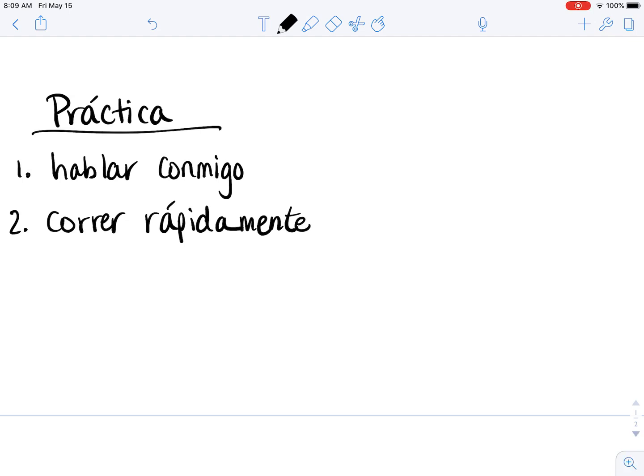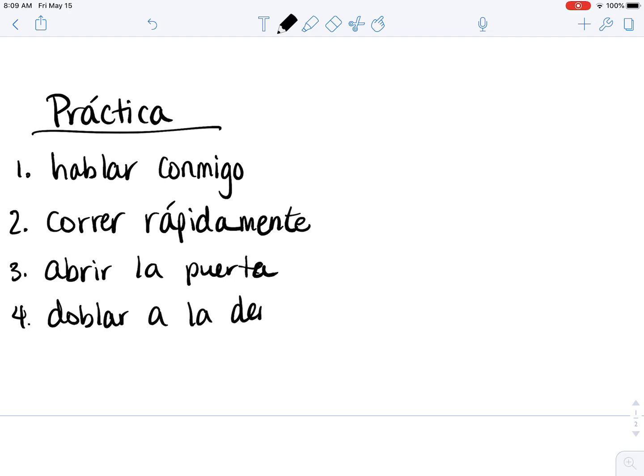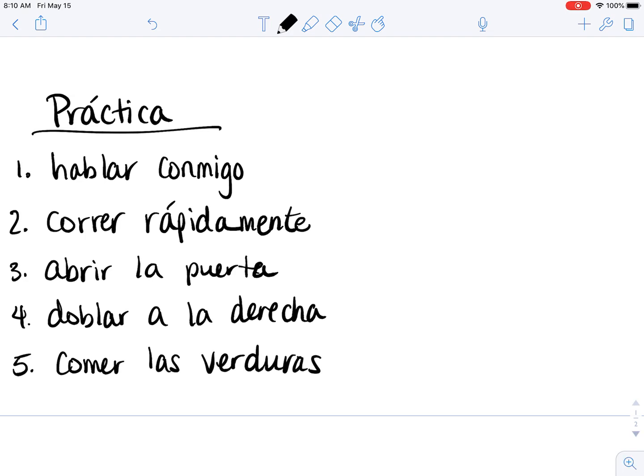So we had hablar conmigo, correr rápidamente, abrir la puerta, doblar a la derecha, comer las verduras, seguir derecho. And remember, seguir is a boot verb.